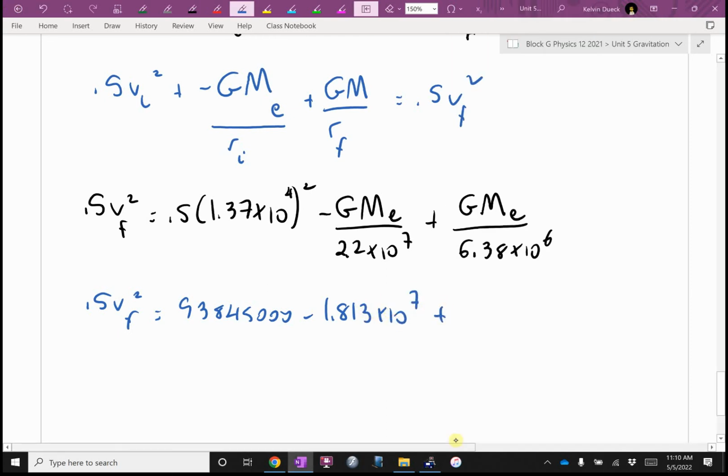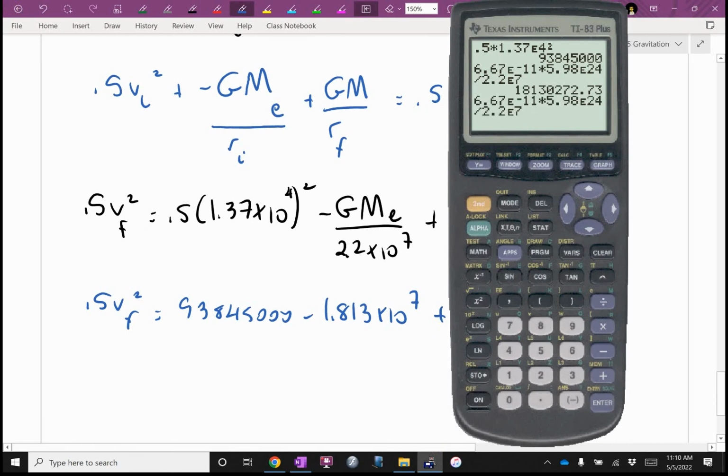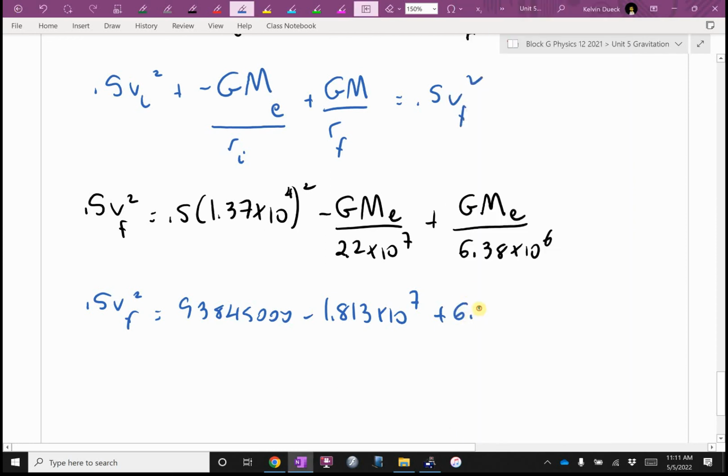And then there's going to be a plus sign, and I can just backspace and add it and go with 6.38 times 10 to the 6th. And I get 6.252 times 10 to the 7th.